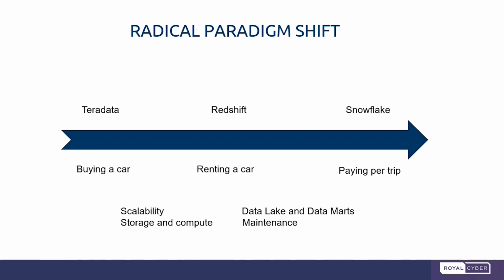So it means that using Snowflake is quite economical compared to using the other data warehouses. There are a few differences between Redshift and Snowflake, because at the moment, Redshift is Snowflake's competitor.